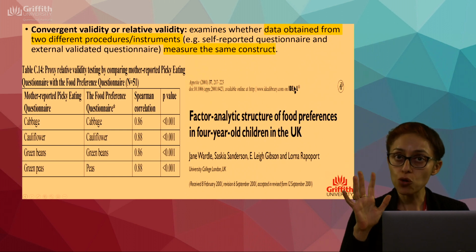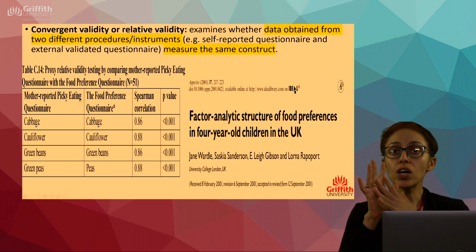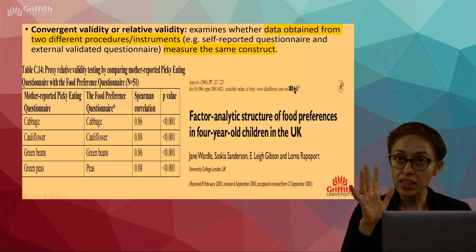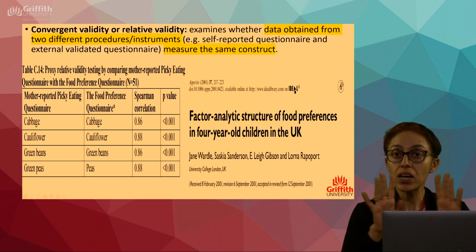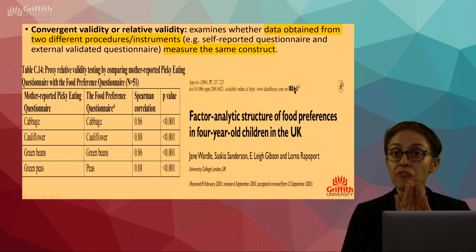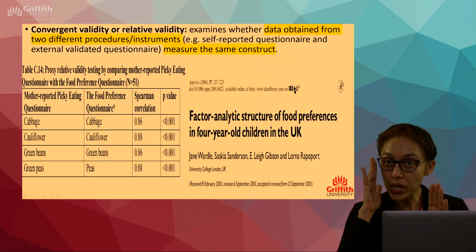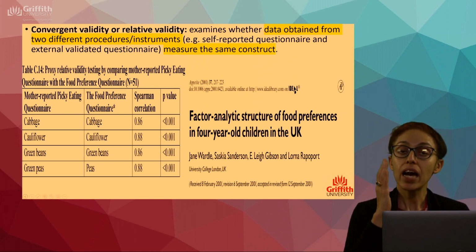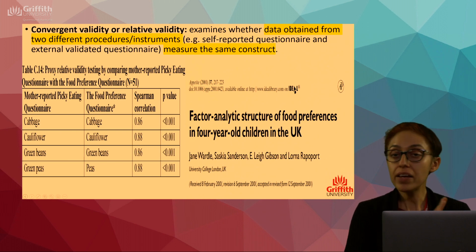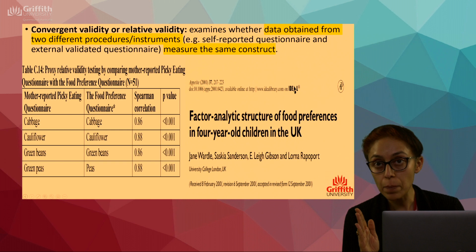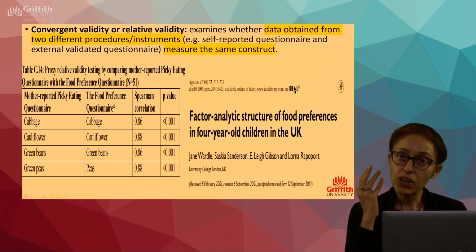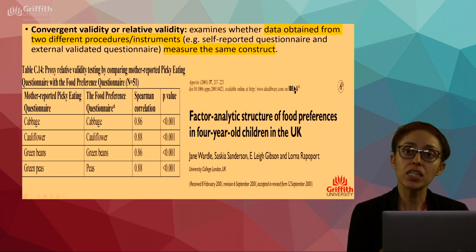You have your instrument. You compare it to a very similar instrument which is out there in the literature, and you see whether your participants are reporting the same findings. If they are reporting the same findings, that's a good sign. They are understanding your questionnaire, they are interpreting it correctly, and irrespective of how you ask them, be it in your questionnaire or in somebody else's questionnaire, they will still say the same thing because the answer is accurate.